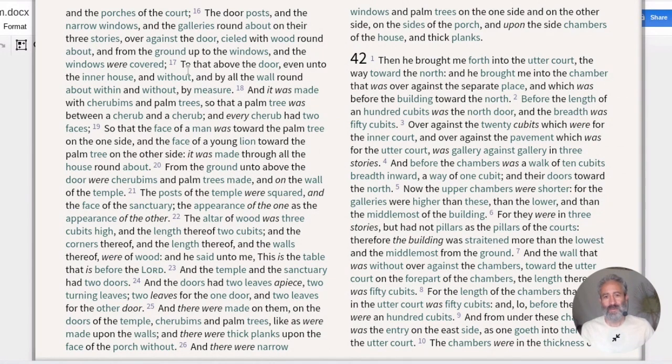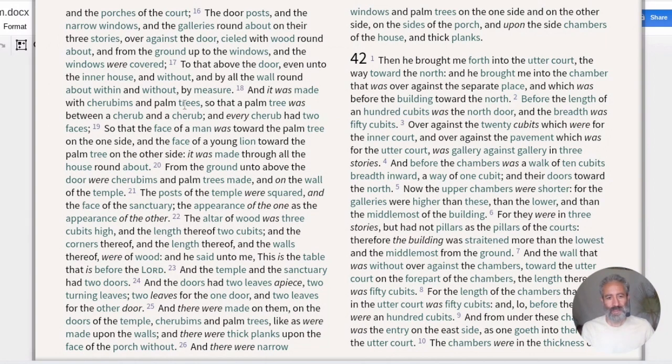Okay? So when we say, okay, here we're looking at the doorposts and the galleries round about in 3 stories, and above the door of the inner house within the wall roundabout by measure, and it was made with cherubim and palm trees. So what this is describing is the holy place.